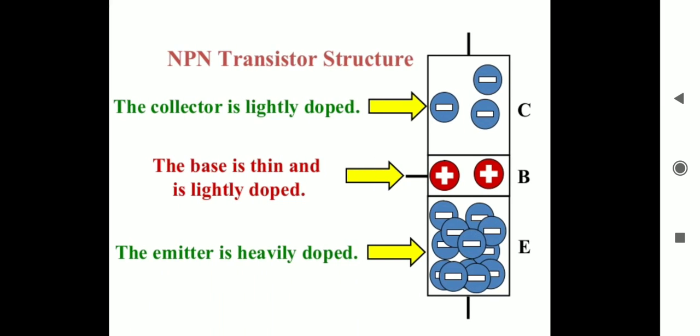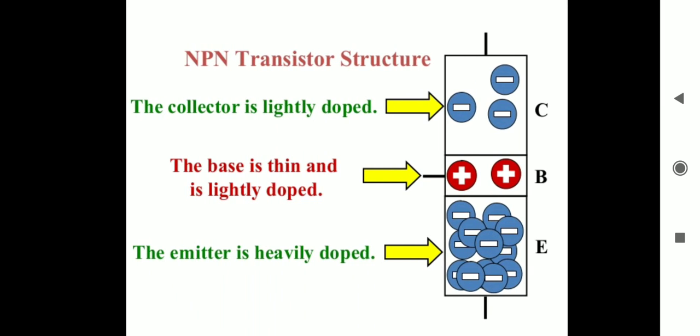A BJT is capable of operating in four different regions depending on the way in which it is biased. The regions of operation are the cutoff region, meaning the transistor is off in that case. Next is the saturation region, meaning the transistor is fully on.